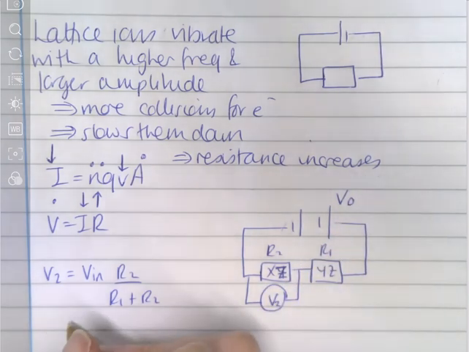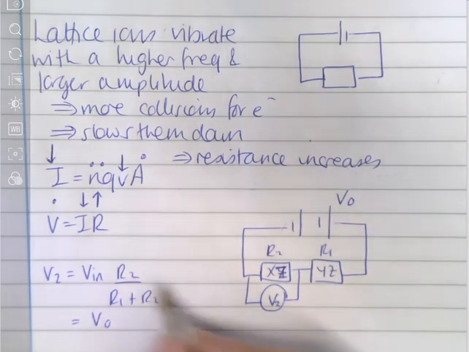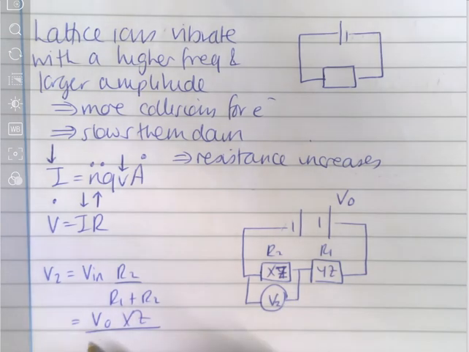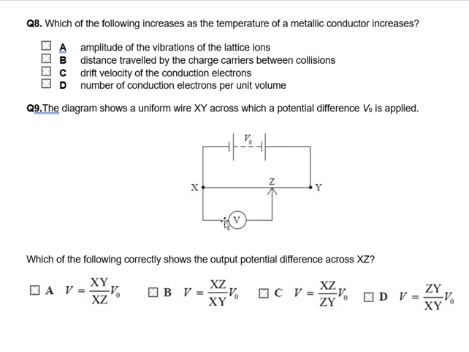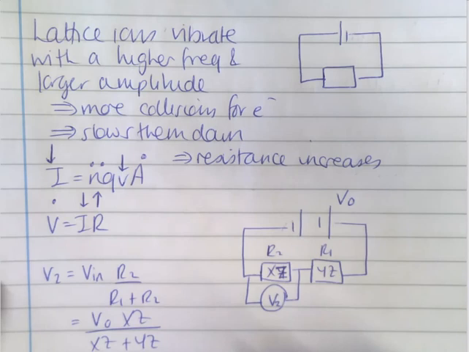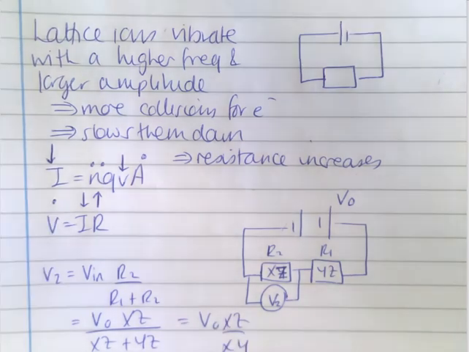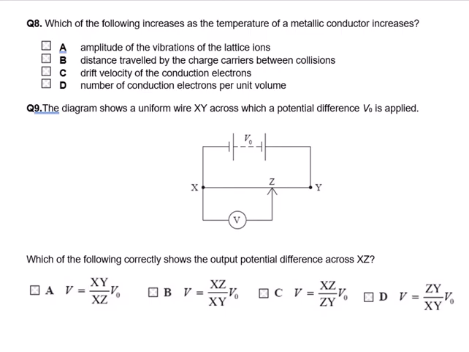So I can rewrite that equation as V0 times R2, which was XZ, divided by XZ plus YZ. If I go back to the question here, XZ plus YZ is going to be the same as XY. So instead of writing that, I can write V0 XZ over XY. And V0 XZ over XY is B.